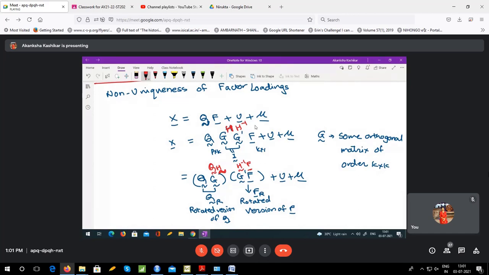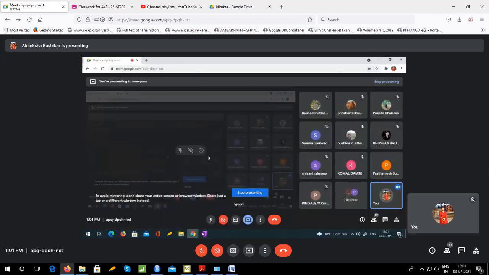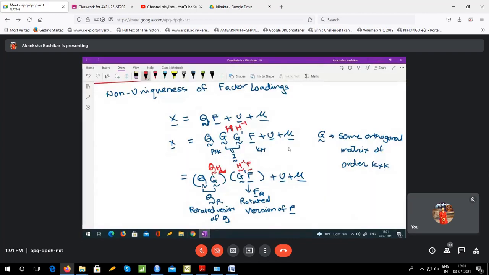But the common factor would get changed even by G. In fact, that is the purpose of going for G. If you get factors which are not interpretable, then you rotate them. So rotation also makes changes in all the coefficients. We will see in an example that rotation does change all the coefficients. Rotation doesn't mean scaling. I don't know if you guys are getting confused between scaling and rotation. Rotation does not change 1 2 to say 2 4.